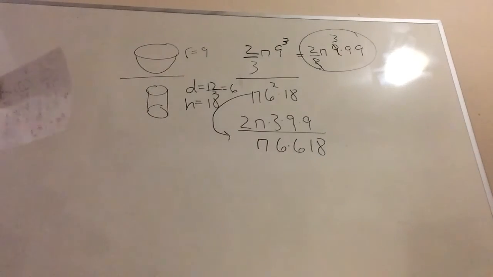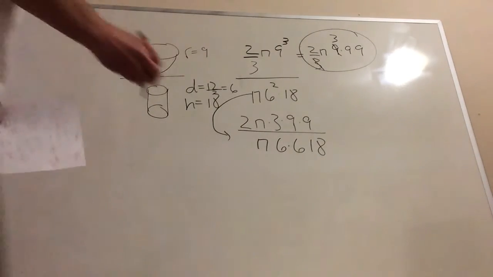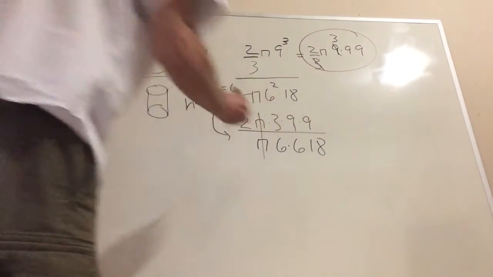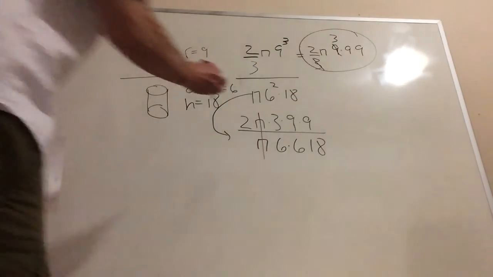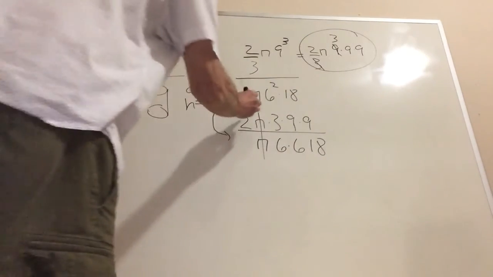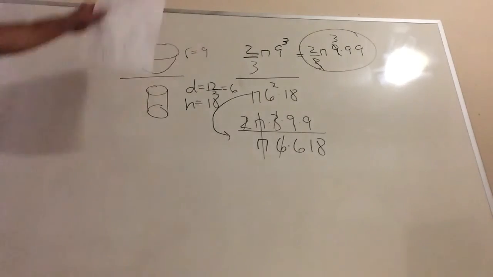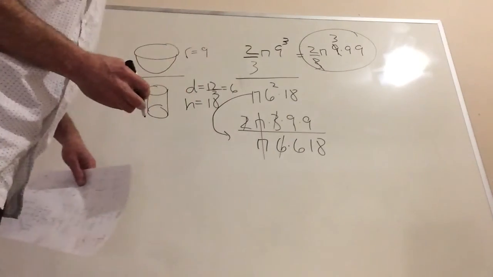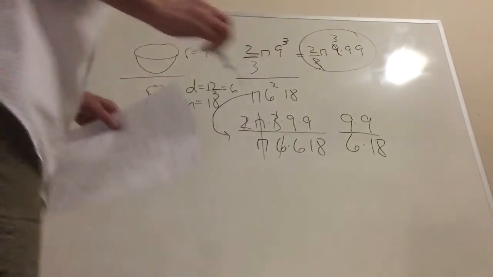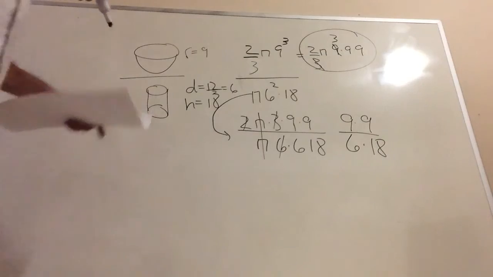And I recall that there was a little bit of anxiety in the class about that. A lot of kids weren't getting that. Well, we know that the pi's cancel, and 2 times 3 is 6, so 6 divided by 6 is 1. So let's break it up again. Kids prefer it when I do that, and I'll have 9 times 9 times 6 times 18, and I need to have a ratio, the sphere to the cylinder.